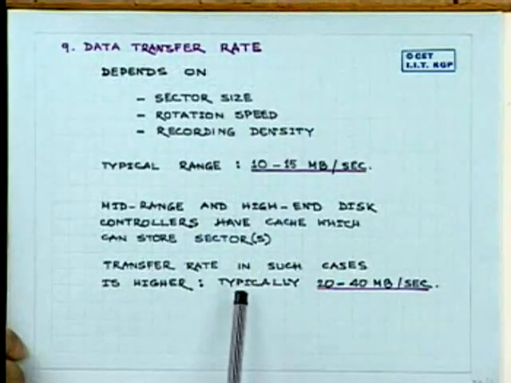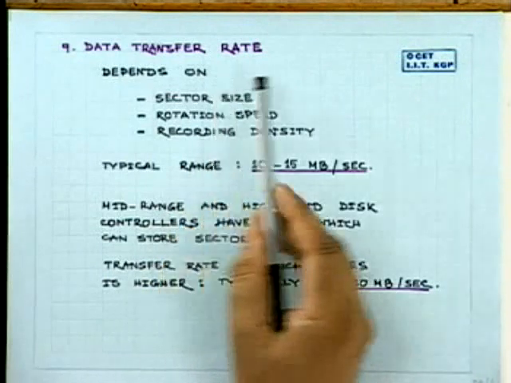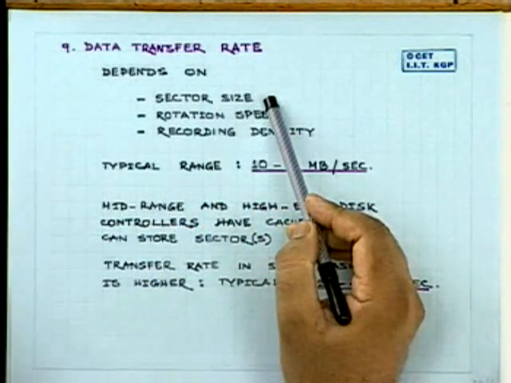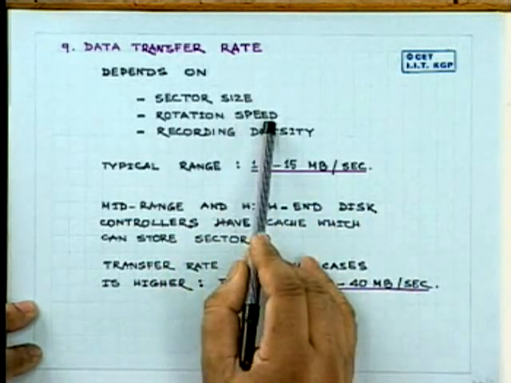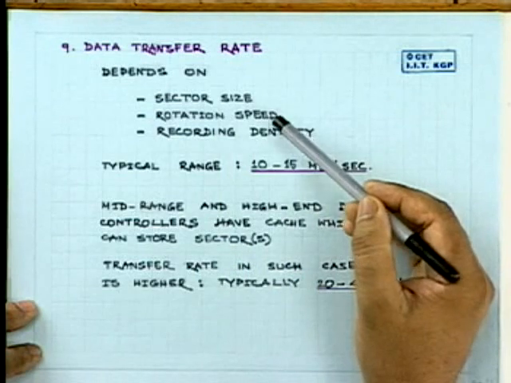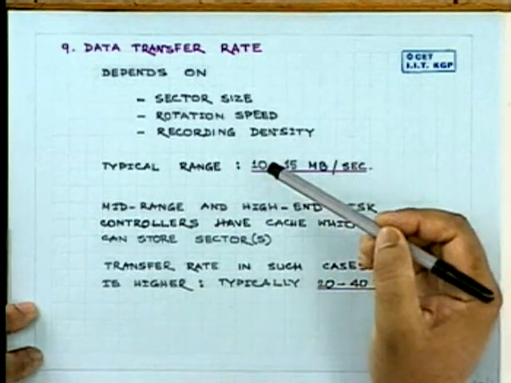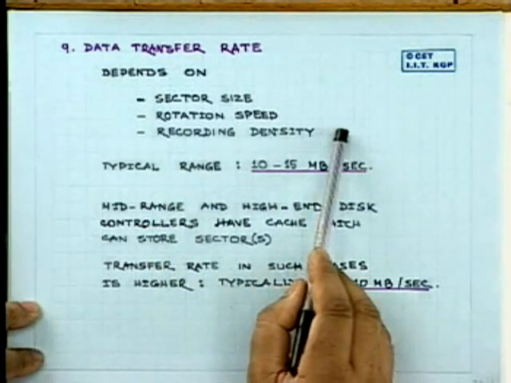And next comes the data transfer rate. The data transfer rate depends on the sector size, that means how much data is there in one sector, the rotational speed, because as the disk moves, the data is read and transferred, and naturally the recording density.